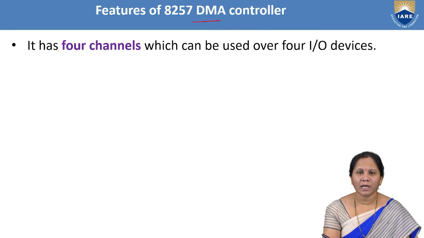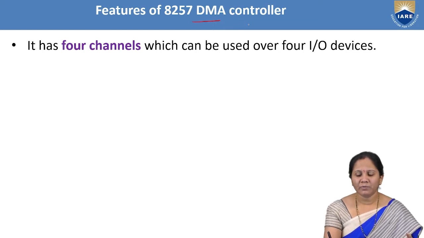There are many ICs of DMA controller. Among them, the 8237 and 8257 are the DMA controller ICs available. First we will learn about the 8257 DMA controller.